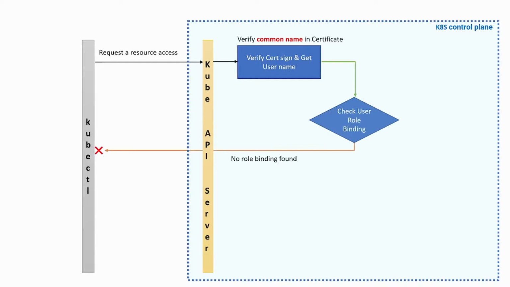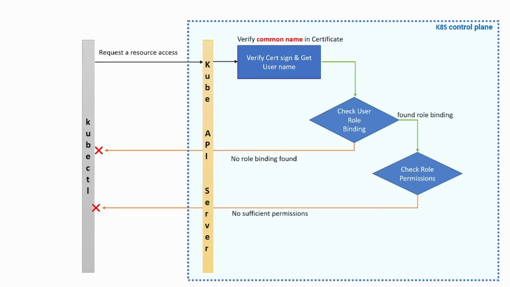If such a role binding is not available, it will just give back an error message to the client application. If the role binding is available, it will check which role is associated to the role binding. In this role, all the permissions are defined, and it will match whether the requested resource access is allowed for this particular user using this role.